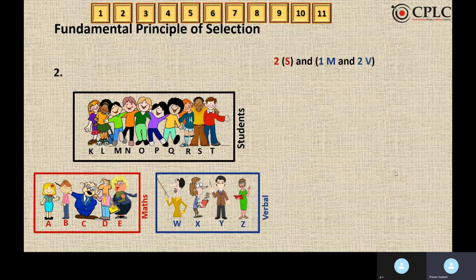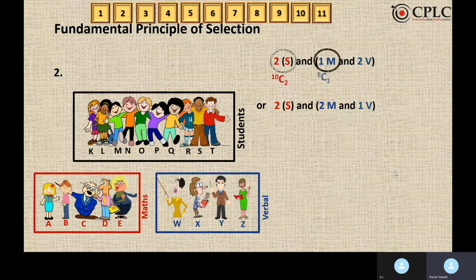So we have to take the possibilities now. First possibility would be to take 2 students, 1 math, 2 verbal, or 2 students, 2 math, 1 verbal. Because it's at least 1 math, at least 1 verbal. So it can be 1 math or 2 math. Similarly, 1 verbal or 2 verbal. Now we just have to make the selection.